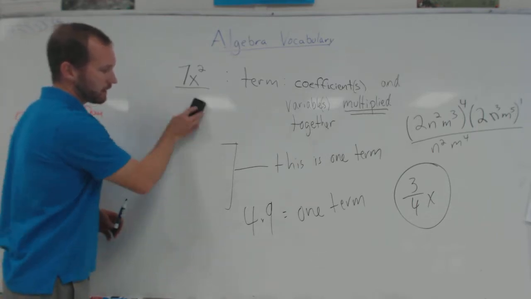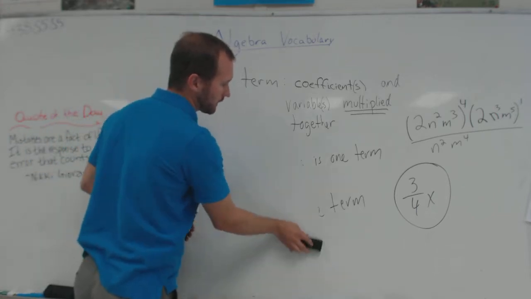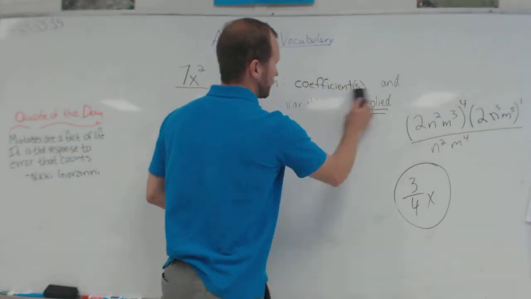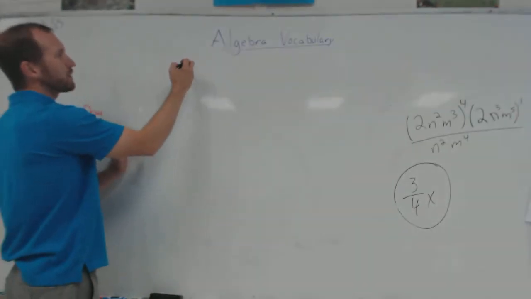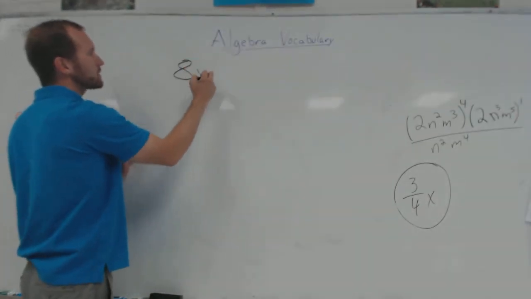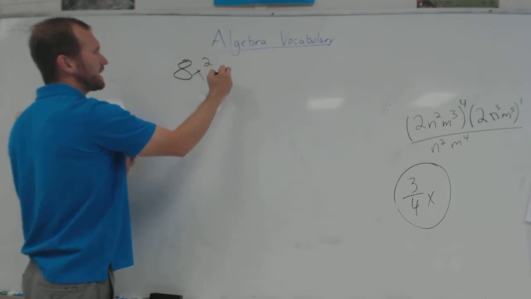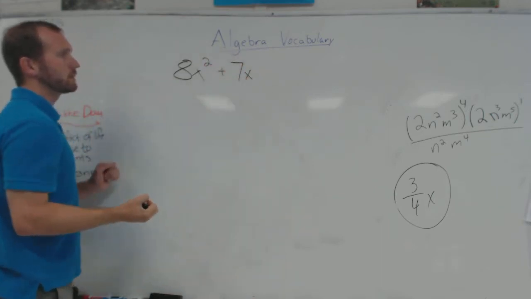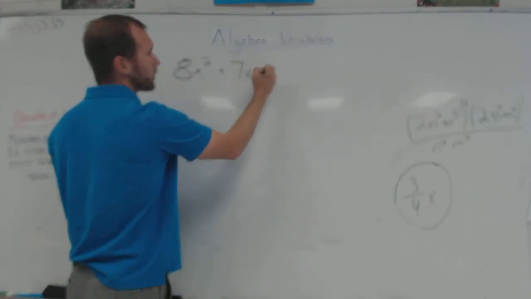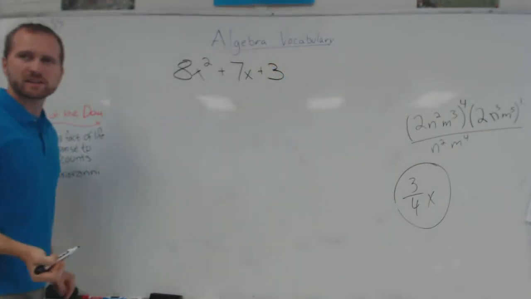So now we're going to talk about the next level of complexity. So now we have a term, right, plus something else. And maybe plus one more thing, a constant.